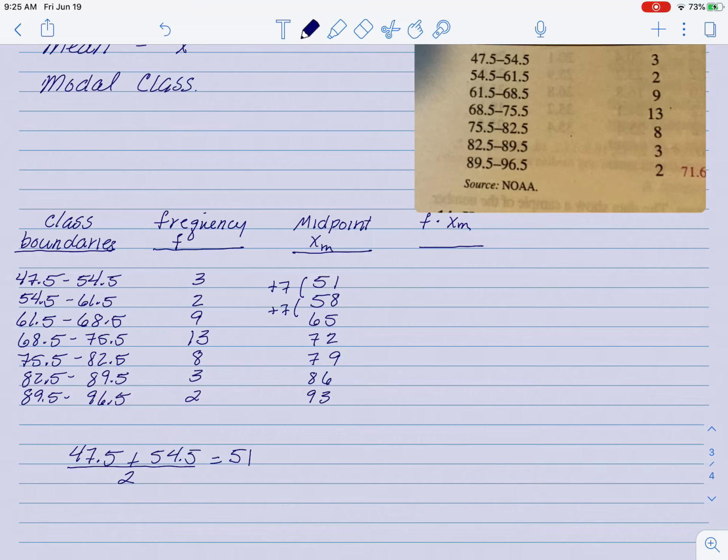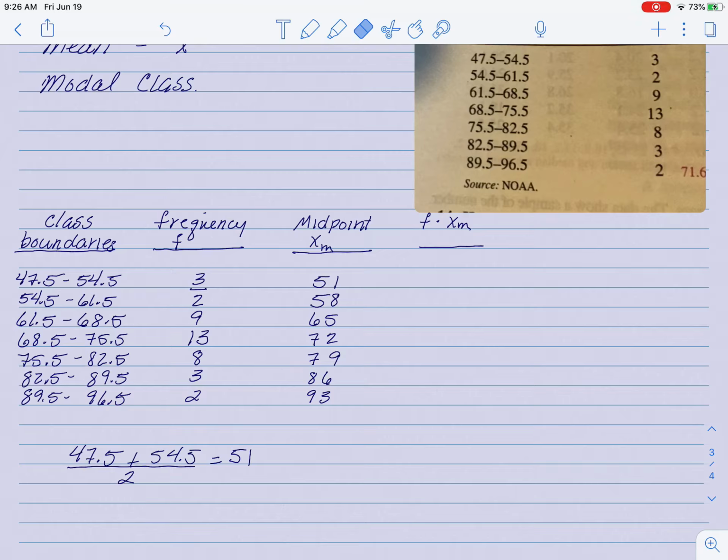Now what we want to do is multiply the frequency times the midpoint. The reason we're doing that is we're basically saying that I don't know what all the data is in the first class, but I can approximate all of that data by taking its average value, which is its midpoint value. So 51 should be the average value of all the data points in that class because that's the midpoint of the class.